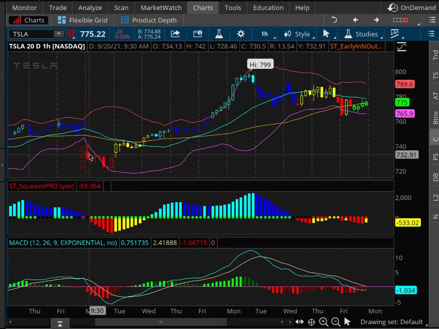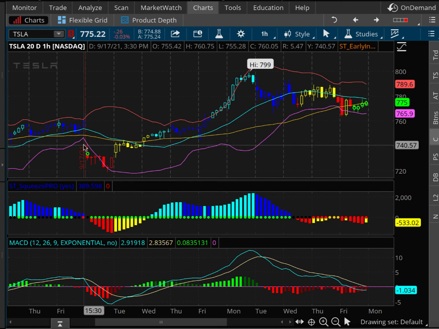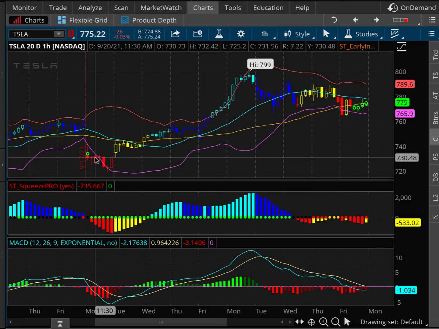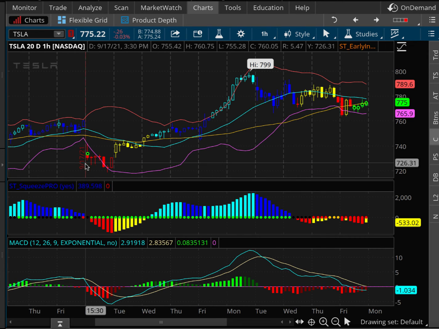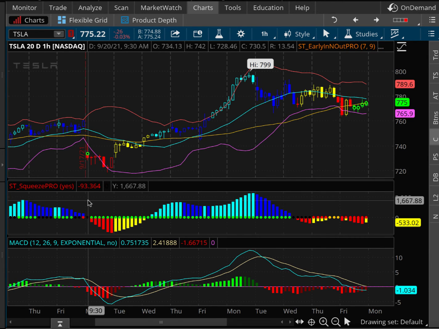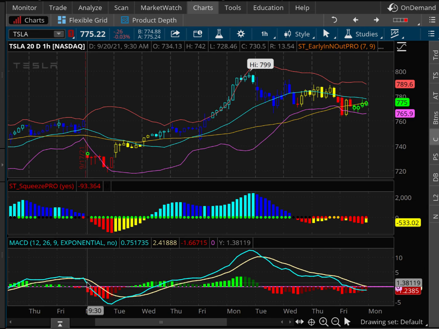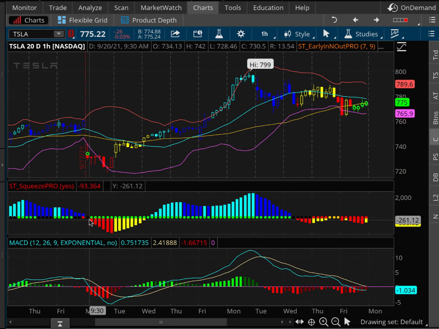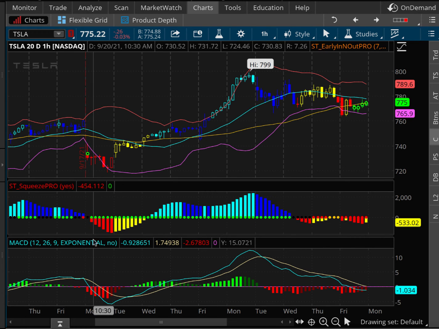Now, in some cases, it's hard to tell if that squeeze wants to fire up or down. I could probably tell that it was going to be down because we're tracing the lower Bollinger Band, but I don't know that for sure. But in my experience, when the squeeze fires, it tends to fire in the same direction as the MACD at the moment it fires. So for example, when this black dot fired and it turned to a regular dot, the MACD was trending down.